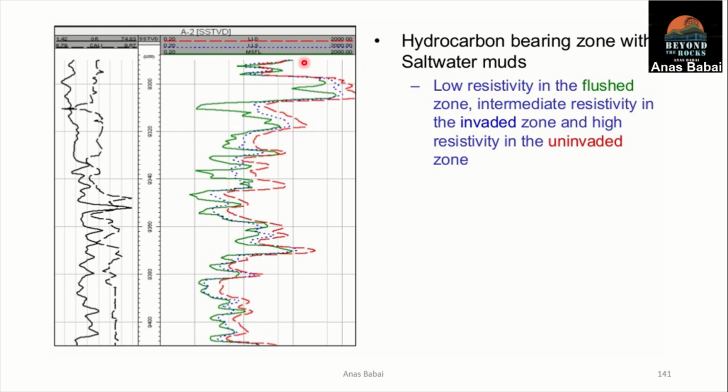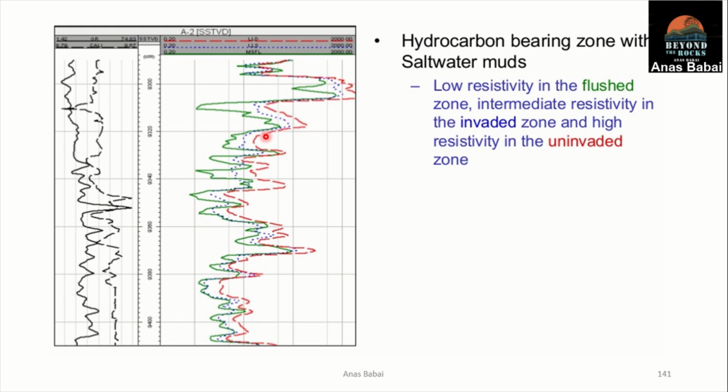The microspherical focused log, the green one, reads in the flushed zone, where we only have the drilling fluid, which is the salt water with low resistivity, so we expect it to have a low resistivity response, as we see here, compared to our Laterolog deep and Laterolog shallow, which read the invaded and uninvaded zone containing hydrocarbon. Hydrocarbon has higher resistivity compared to the salt water.